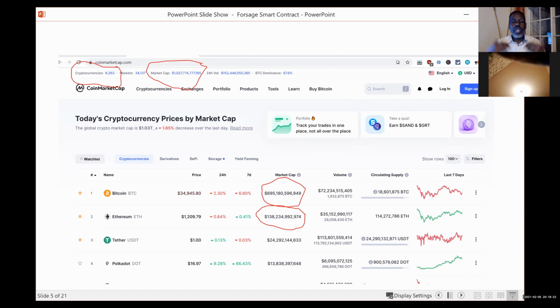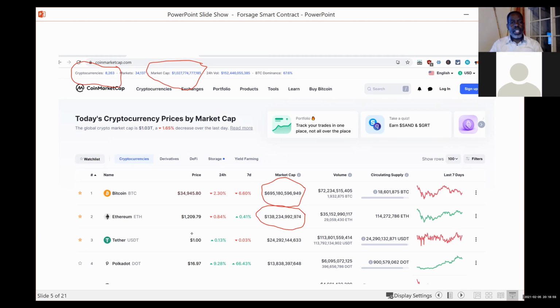So whenever you come up with an idea that you would like to bring a solution to in society, you use the Ethereum platform and many other platforms that have been created so far. That is what Ethereum does. Then we have coins like Tether that have been made to mimic the price of the dollar and so on. And each one of these 8,000 coins does different things that we have in society.